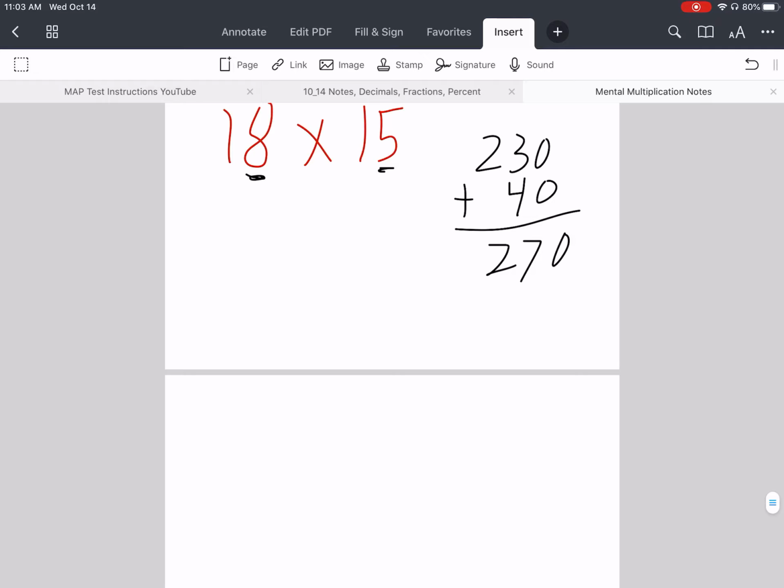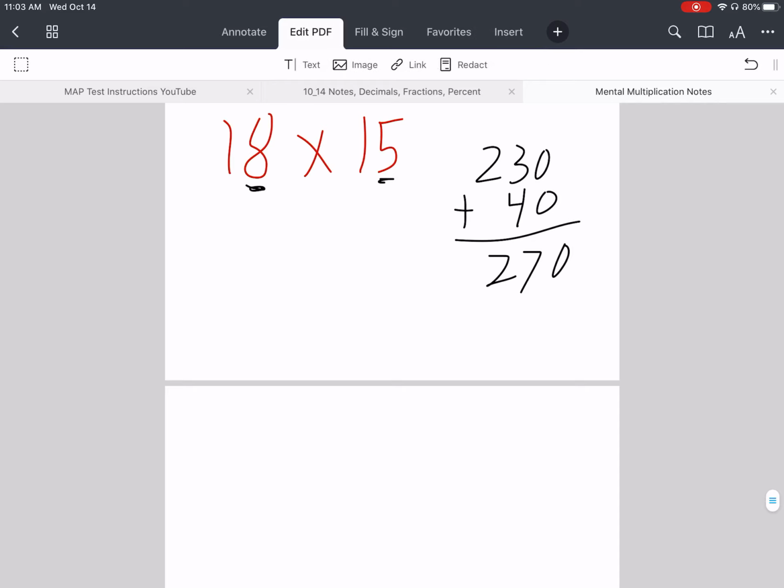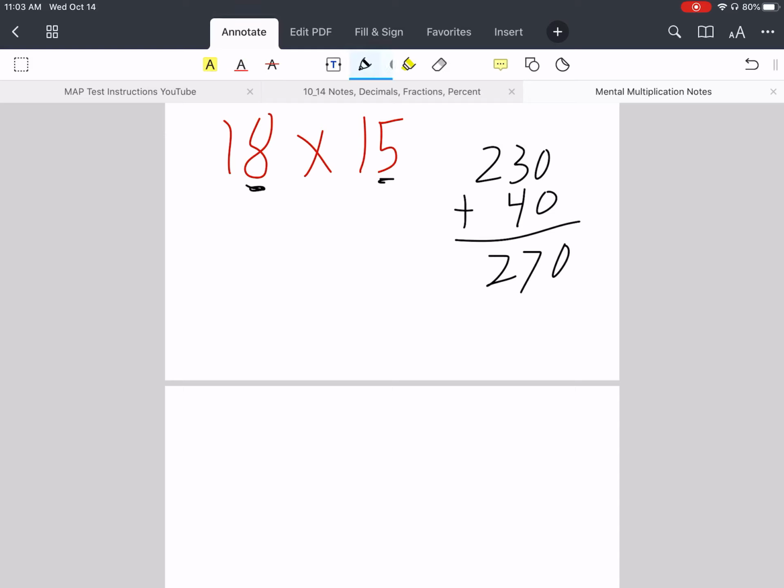Let's say we have 19 times 17. I'm looking at that where I can say, well, 17 plus 9 is 26. So that's going to be 260 plus 9 times 7, which is 63.